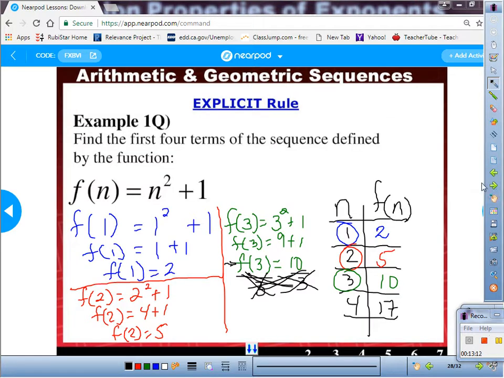All right, let's see. For explicit, who noticed that explicit does not have the f of n minus 1? Hands up if you saw that. Yeah, this one does not have it.